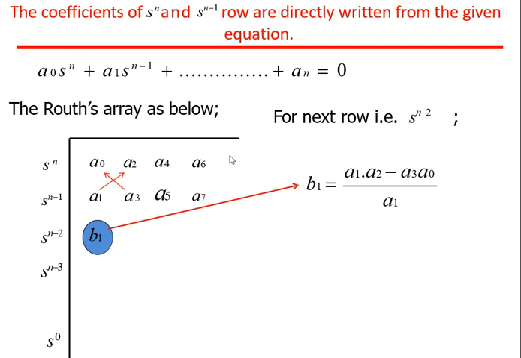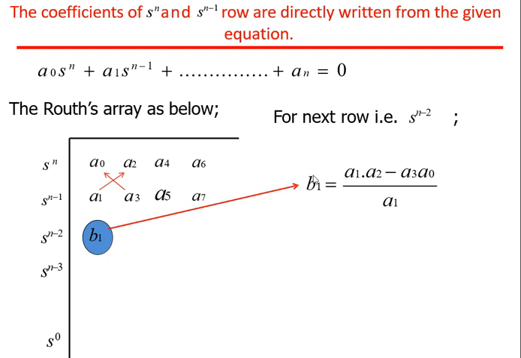Now the next procedure, see carefully, because that is again very important, and that will decide the different coefficients inside the Routh's array, and those coefficients ultimately will decide the stability of the system. The calculation of these coefficients is very important. For the next row, that is s raised to n minus 2, we have to calculate the first coefficient, and see how the multiplication is done.